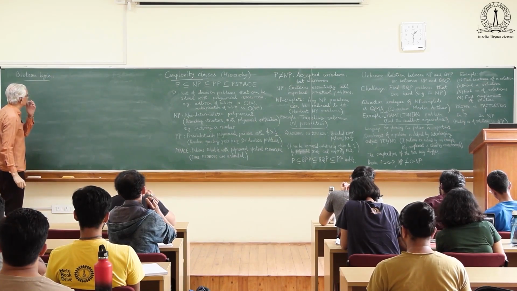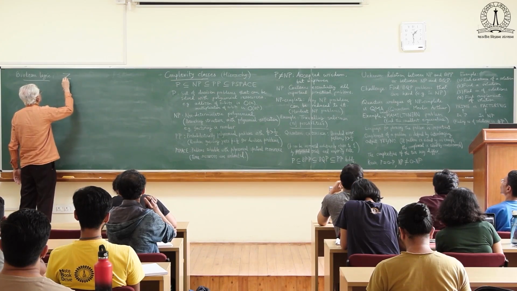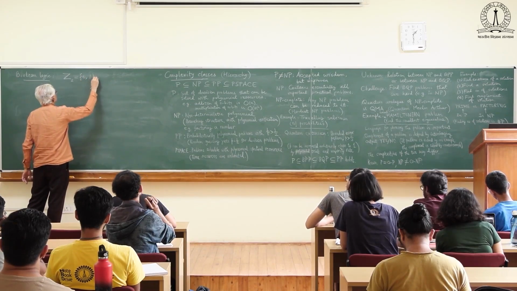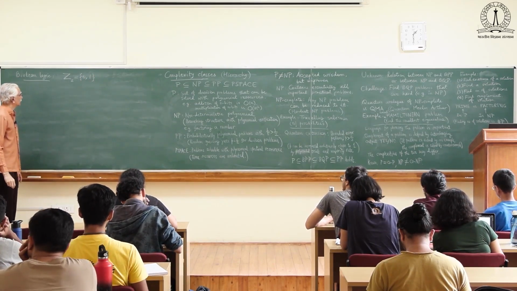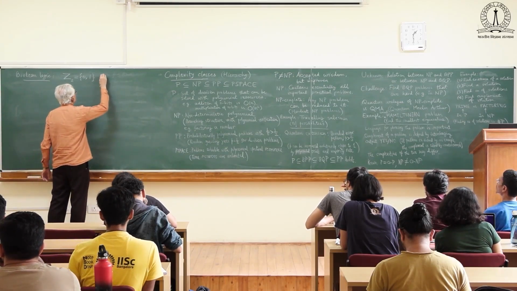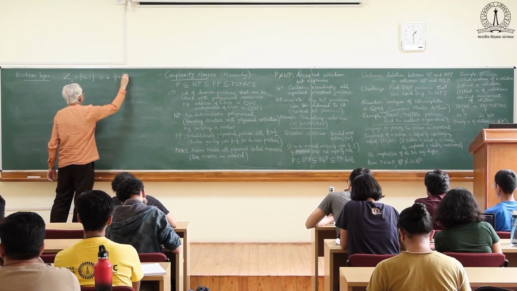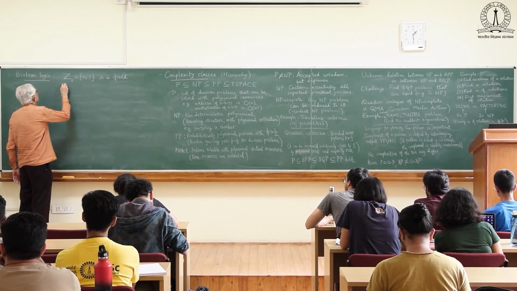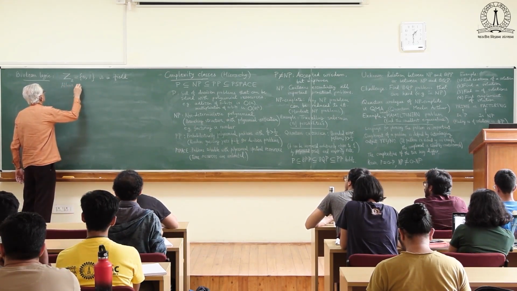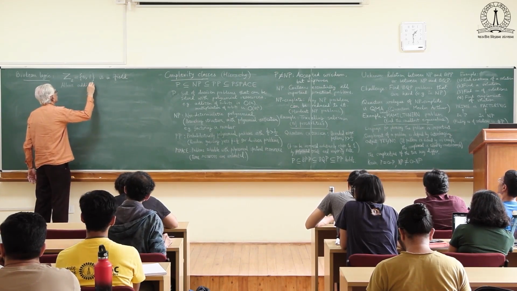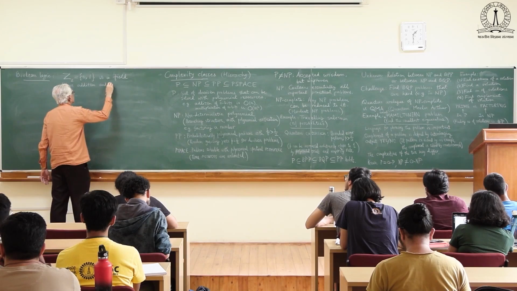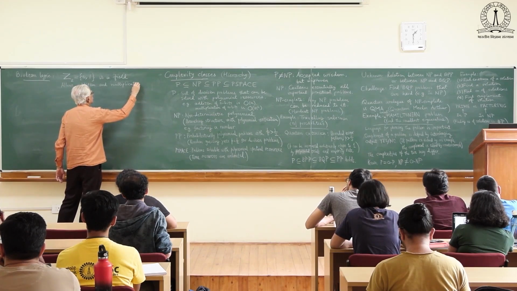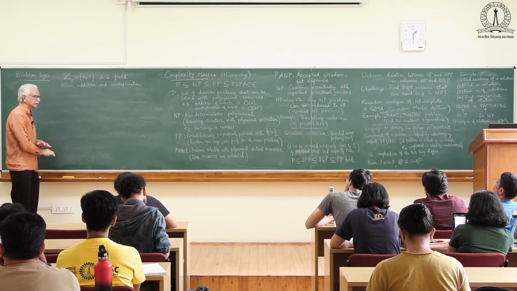So while talking about group theory, I had pointed out that there was this two variable set, which is mathematically called a field, and it allows addition and multiplication, and that is all we are going to use.